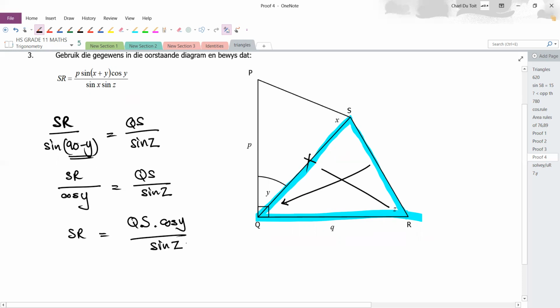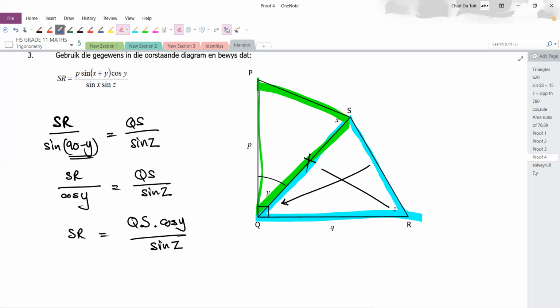Right, now I need to get QS in the second triangle. Did you struggle here? Yes, sir. Okay, so let's do QS. QS on top of angle P. P is 180 minus x plus y. Interior angles of a triangle.